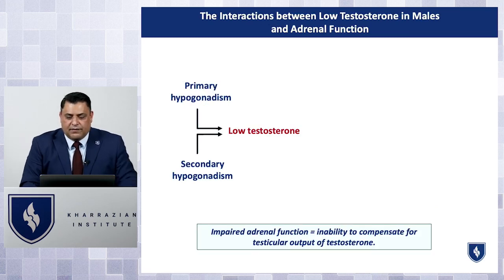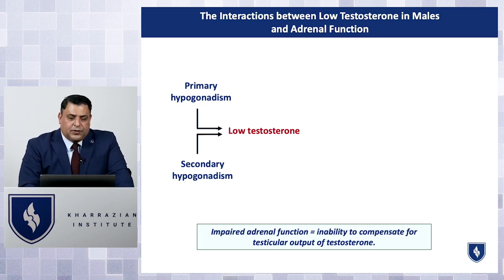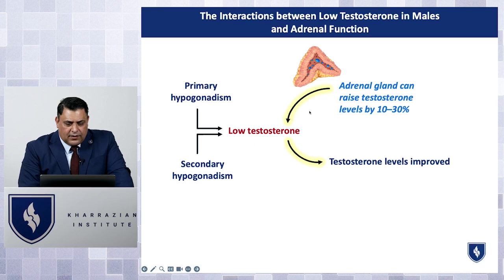Here's an illustration of interactions between low testosterone in males and adrenal function. Adrenal function has an ability to compensate for testicular output of testosterone. Normally, when you look at primary hypogonadism or secondary hypogonadism, they have low testosterone. Same thing here. The adrenal glands can raise testosterone levels by 10 to 20%.